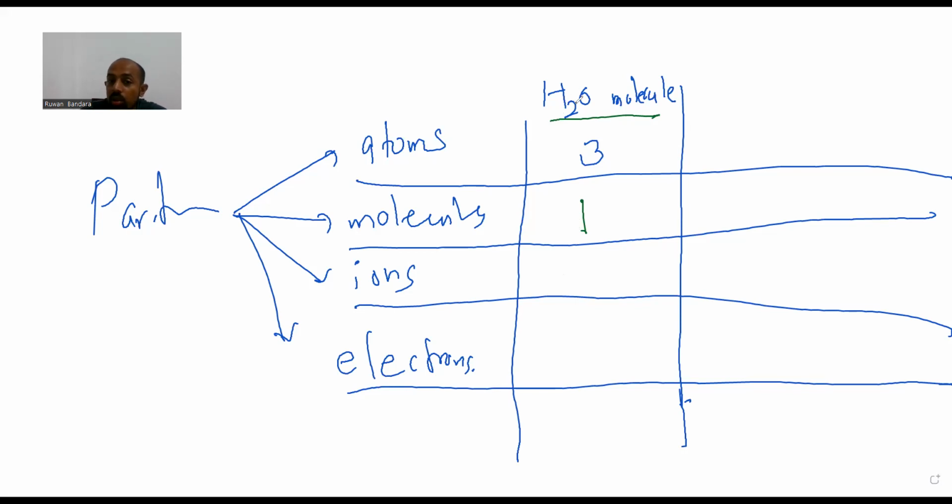This is a molecule, therefore no ions. I gave it as a molecule, but you may think about H plus and OH minus. In that way you can consider two, but here I gave it as a molecule, so there are no ions.